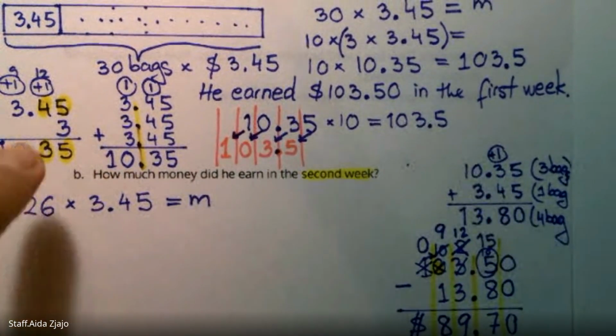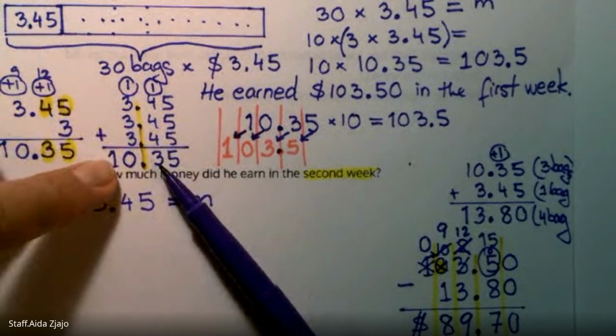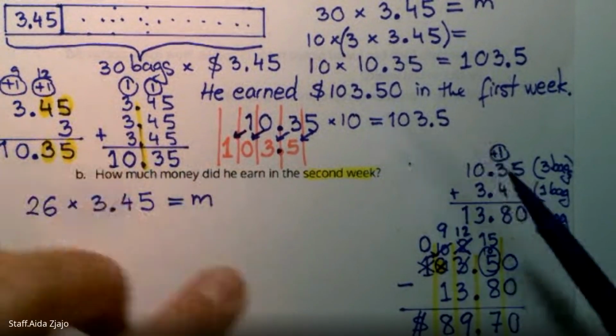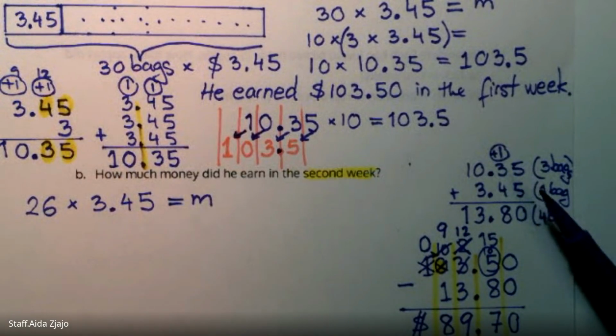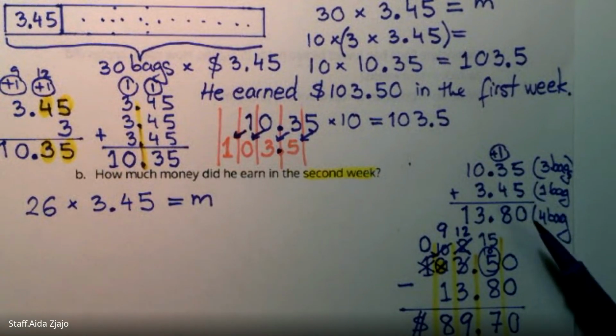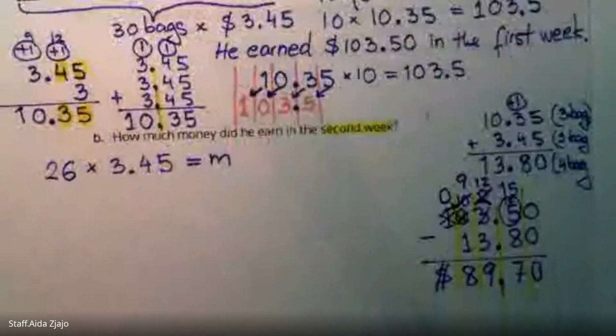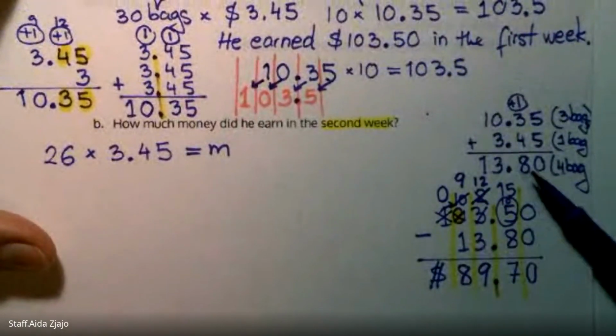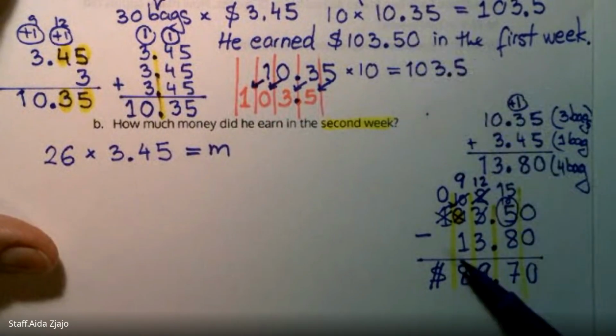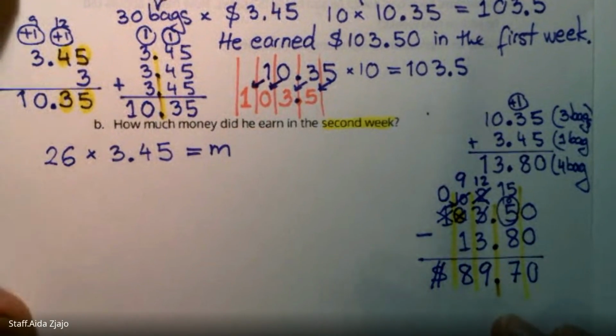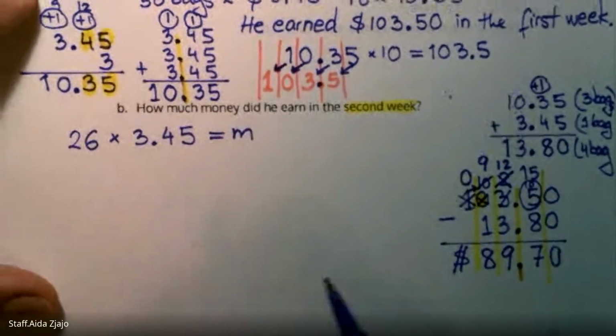So I already know how much 3 bags are. I add only one more bag, and I find how much 4 bags are. When I subtract the 4 bags' value, the money, from the 30, I get how much 26 bags are. And now we're going to prove it.